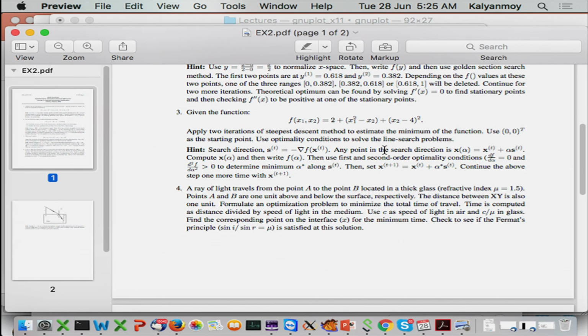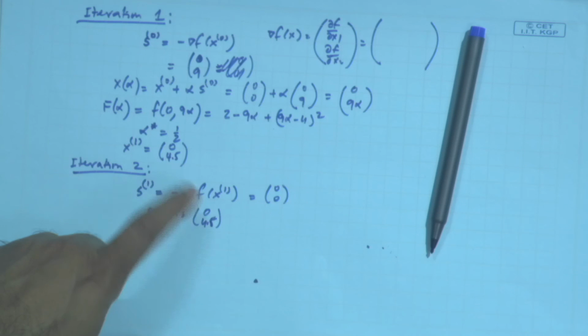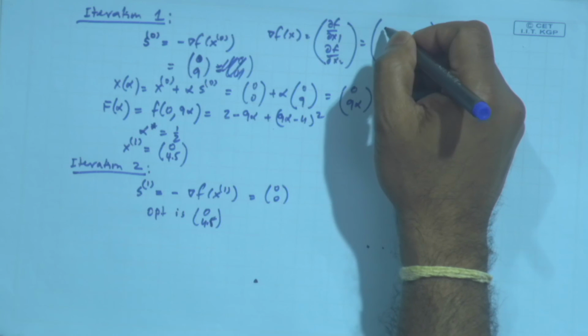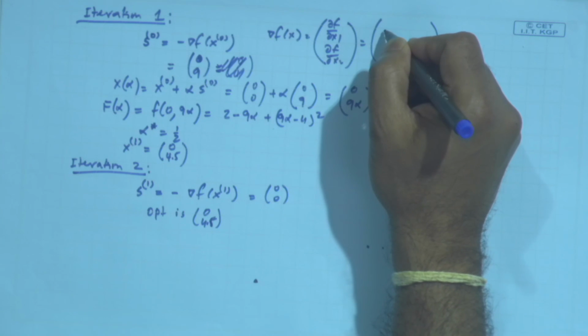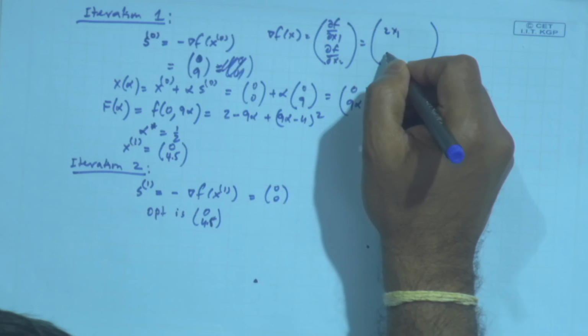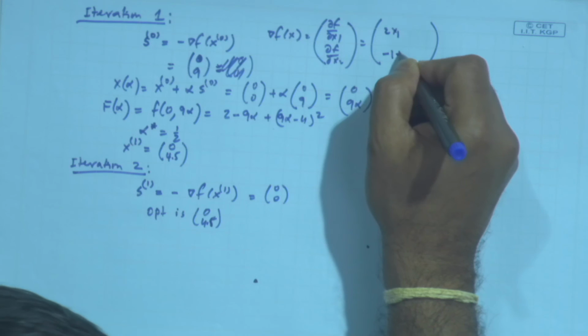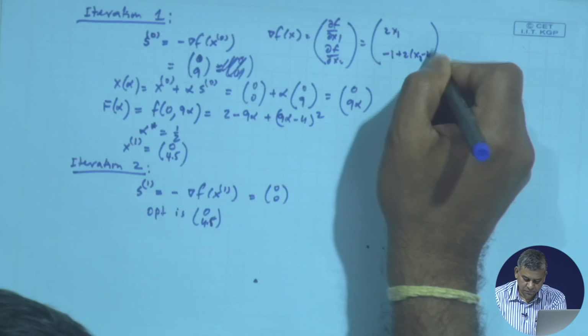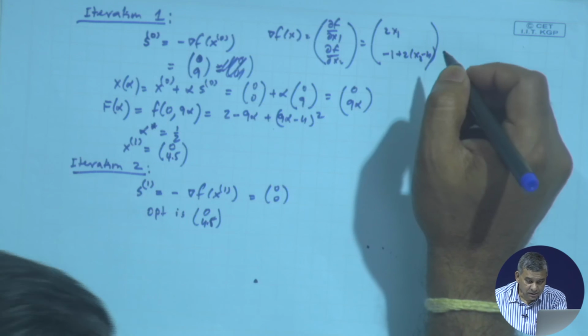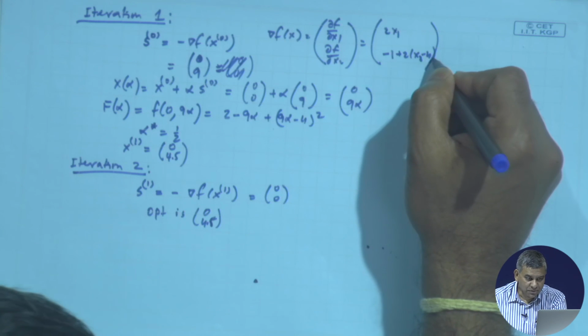Second iteration, how does it become 0? Have you computed the gradient at the new point? Del f at x1. What is del f at x1? How will you do it? You have to write the general expression for the gradient: 2x1 and then minus 1 plus 2 times (x2 minus 4).